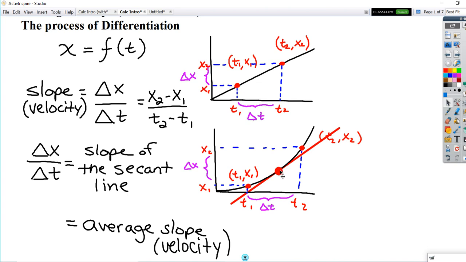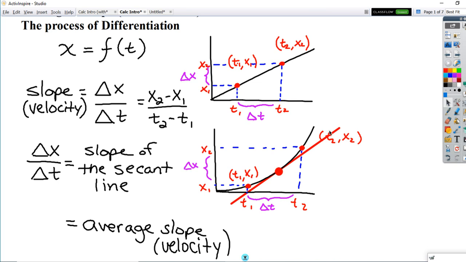There is no separation between these 2 points. They're on top of each other. So there's no difference between t1 and t2. So t2 minus t1 is 0. So there is no difference between those 2 times, and so delta t is 0.